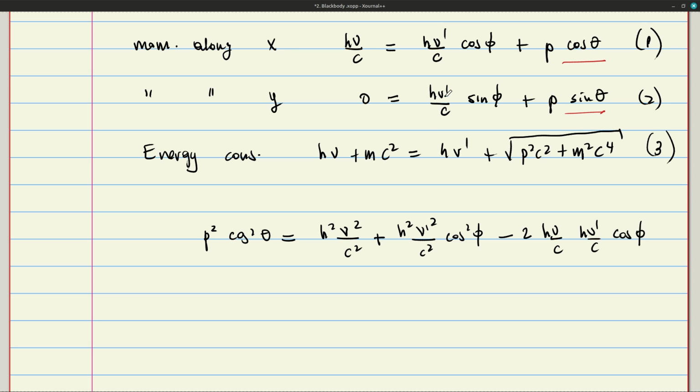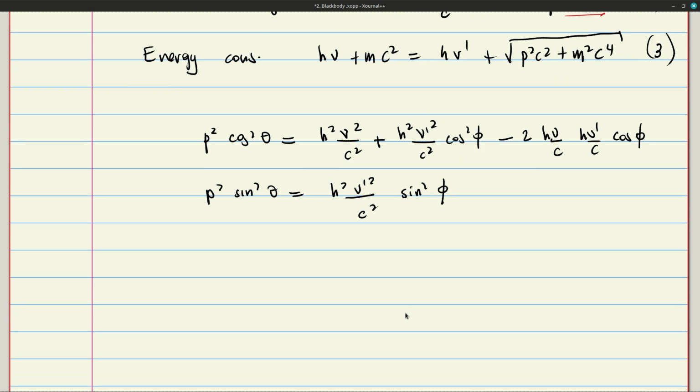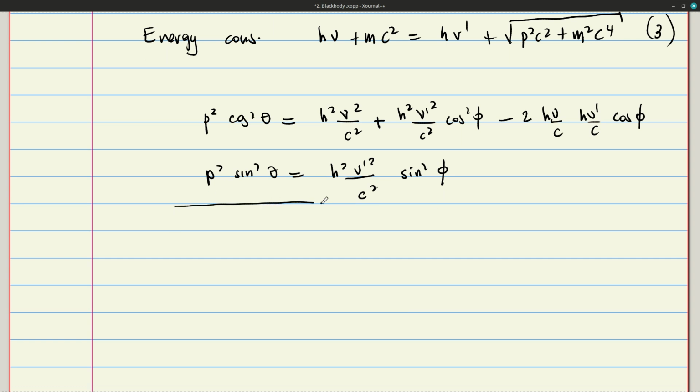So I took the square of the first, and I left p cosine theta alone. And I do the same thing here. p square sine square theta is equal to h square nu prime square divided by c square sine square phi. Let's sum these two equations. Then p square is going to be equal to, maybe I show you with this.